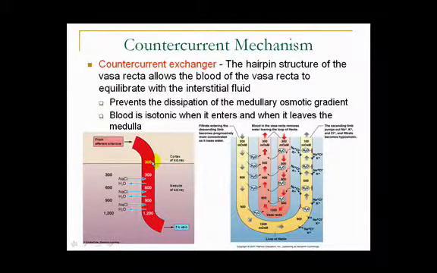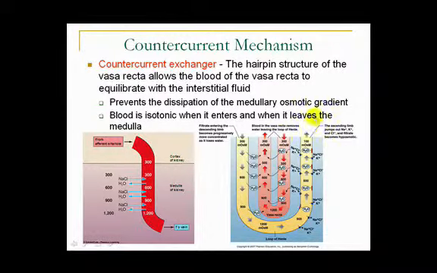The blood coming in would come in at 300. As you get more concentrated, the interstitial fluid surrounding the blood vessel gets more concentrated. Water and salt would move in and out until it went to equilibrium with the interstitial fluid. So the blood leaving would also be 1200 milliosmoles, equal to the interstitial fluid. That would not be good.